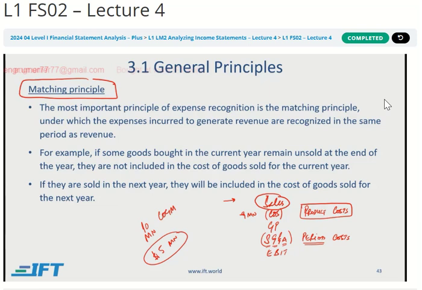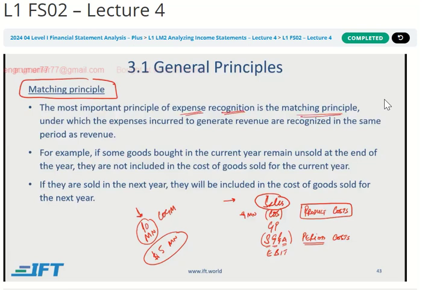However, product cost, if it was for manufacturing of some of the goods which haven't been sold yet, that will be showing in our assets as inventory. That is not going to be expensed out yet.